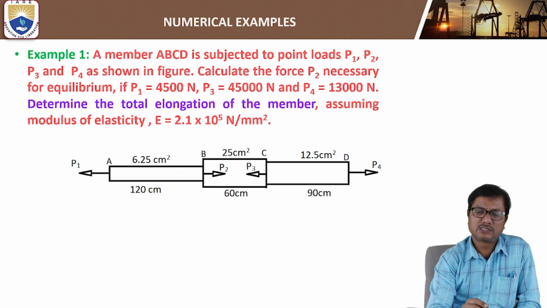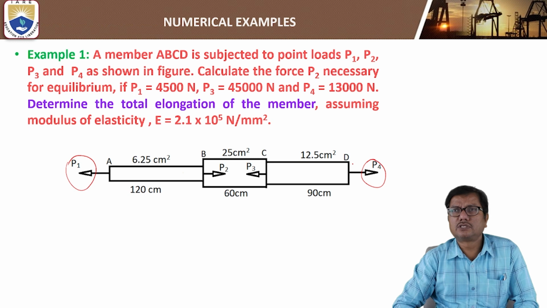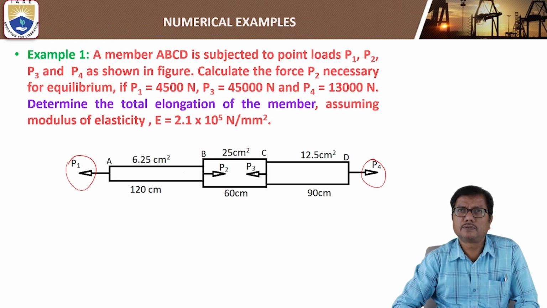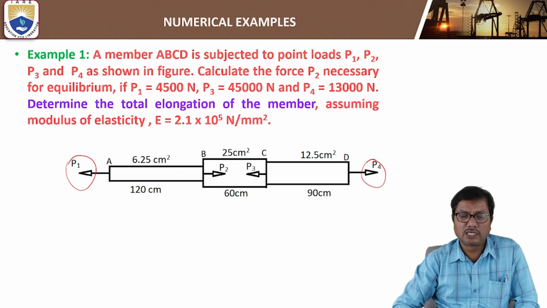What we have discussed in the previous example is that the total member is subjected to the same tensile force P. But here different axial forces are acting at different points along the member. We have different forces acting towards left and towards right, and these forces must satisfy the condition of equilibrium.